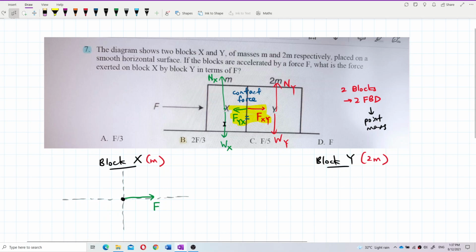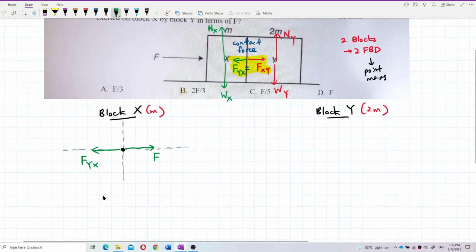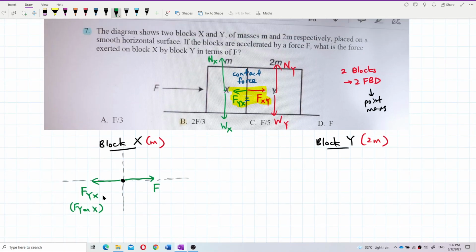Then we have all this. Let's draw Fyx, also going to the left, going out of the point. This is Fyx, F of Y on X. Then it has the weight of X and the normal force Nx.